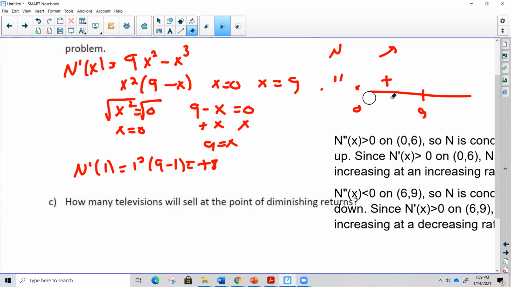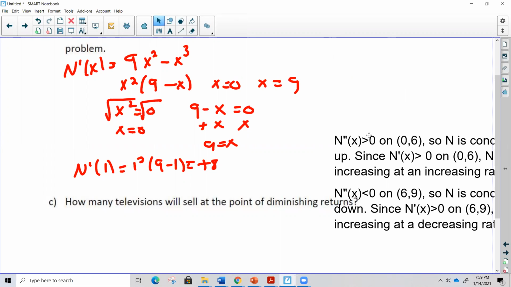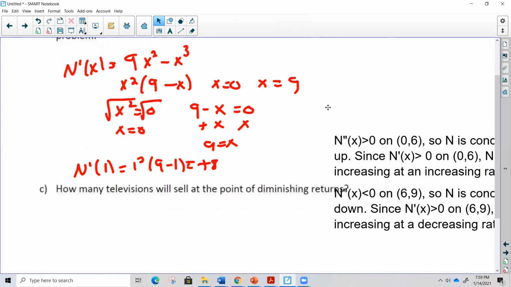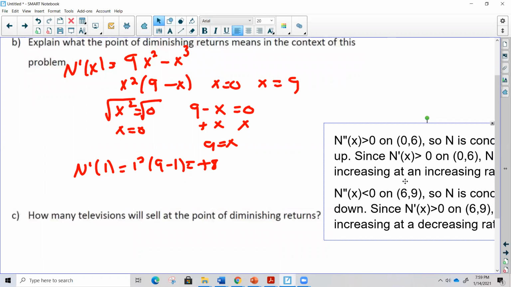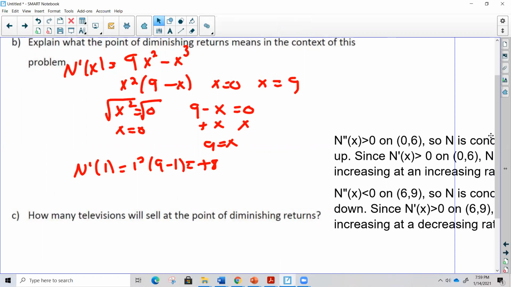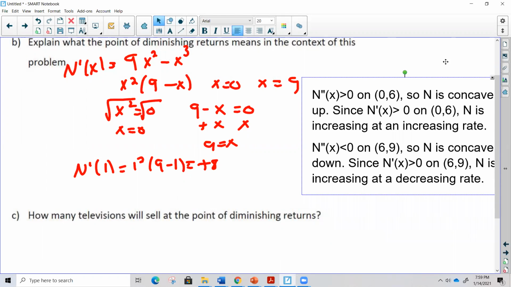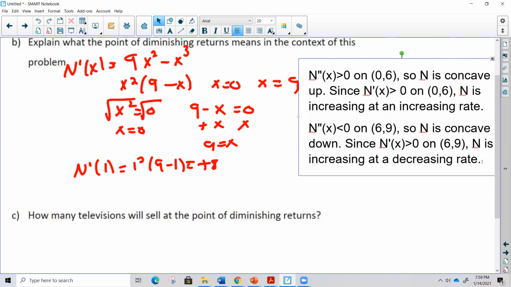Okay, and just because of space, I'm going to erase my sign chart for now and move this up. So what the point of diminishing return means is when the rate of increase is changing.